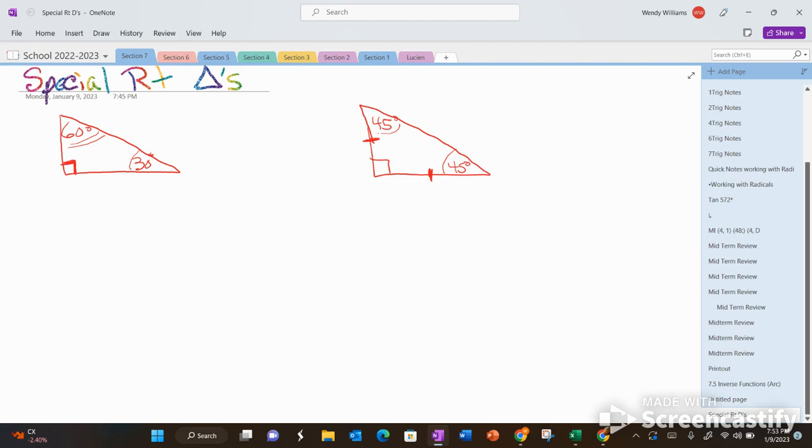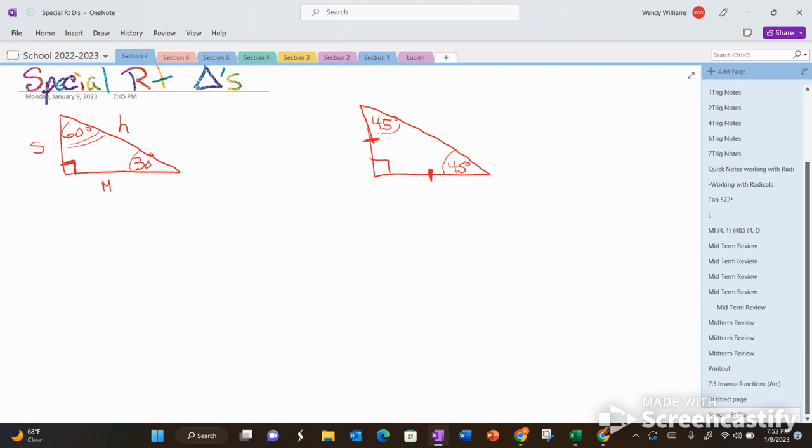Okay, on a 30, 60, 90, opposite of 30 degrees is your smallest side. Opposite of 60 is your medium side, or I like to call it the longer leg. And then opposite of the right angle is your hypotenuse, which is your largest.